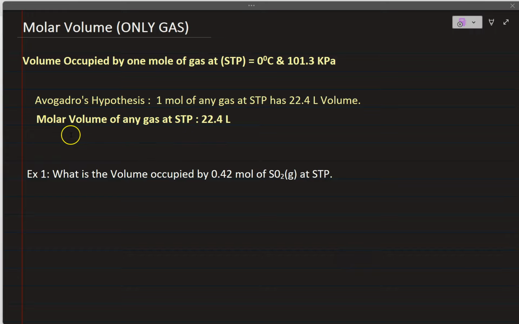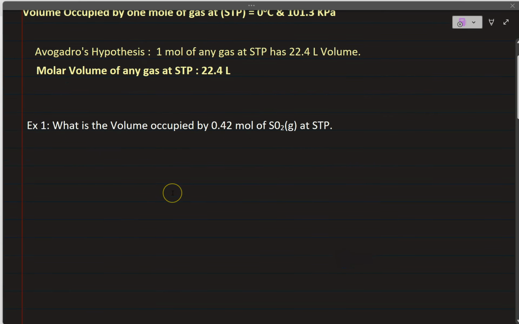So the molar volume is 22.4 liter, and for calculation of molar volume, for the most part, you do not need molar mass. You just do the conversion, mole to volume and vice versa. Now remember, you can use it in two different ways. Let me write it up on the side here.